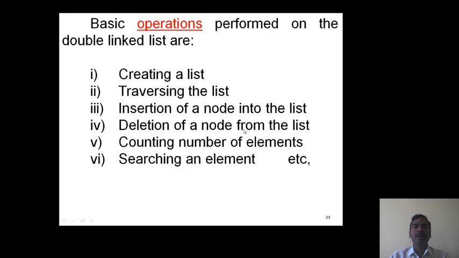The basic operations on a double linked list are creating a list, traversing the list, insertion of a node into the list, deletion of a node from the list, counting the number of elements, searching for an element, etc.